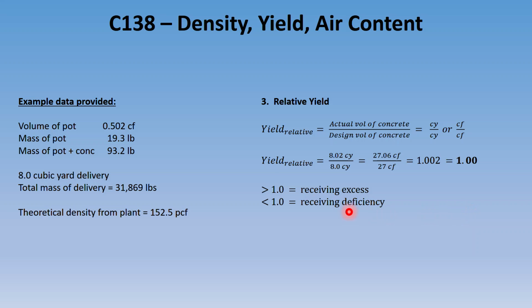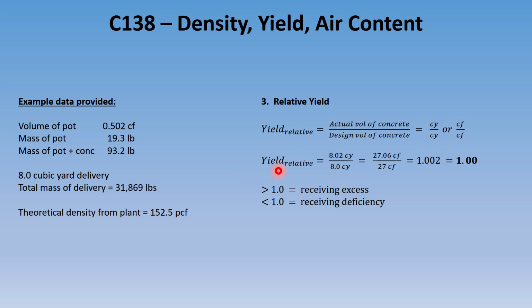Step 3 is calculating relative yield. And relative yield is simply the ratio of the actual volume of concrete to the design volume of concrete. It's a unitless number because it's a ratio, so you can determine it from yards or feet.